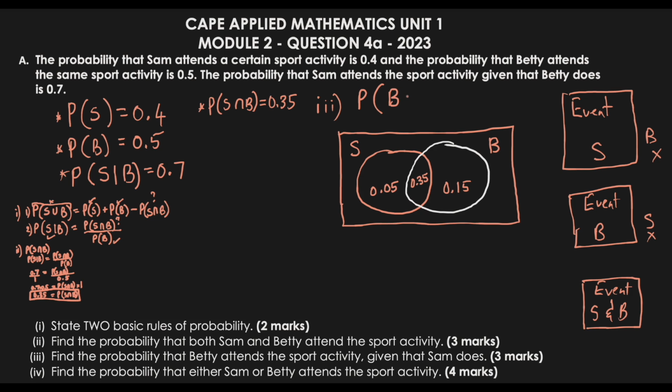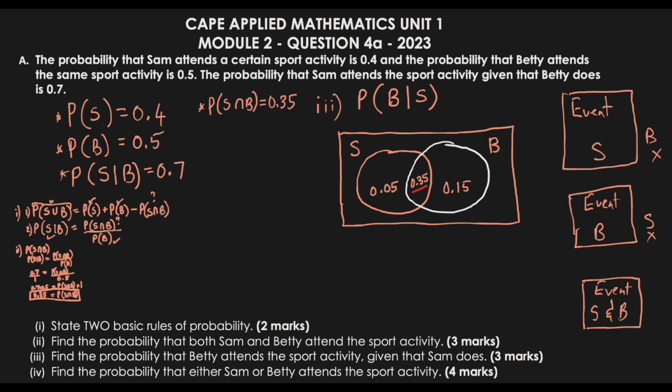Betty attends given that Sam does. So the probability Betty goes, but Sam is already there. So because of that, when would there be a situation where Betty goes and Sam is there? So if we look at this, we can focus on that situation when Betty and Sam are there. When would both of them be there? When it has 0.35. Now, follow me here.